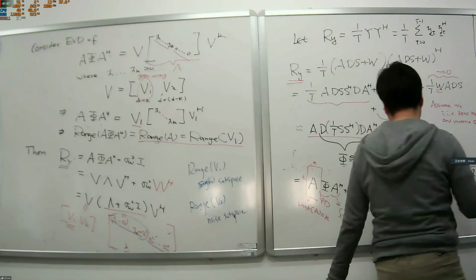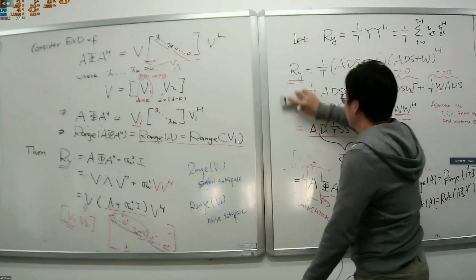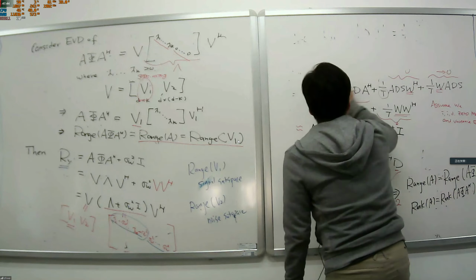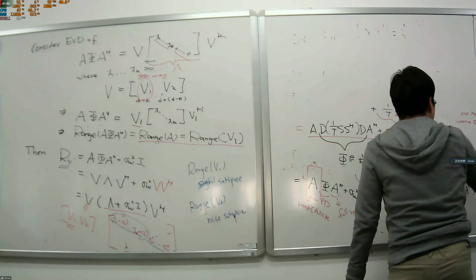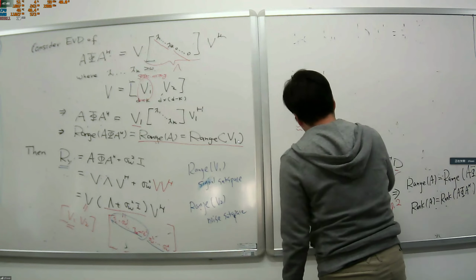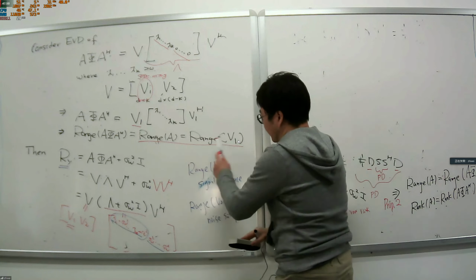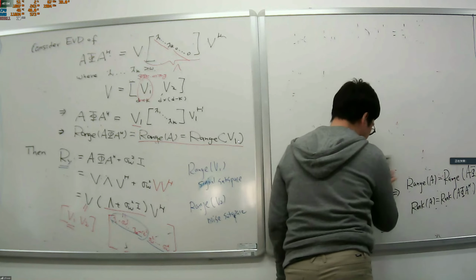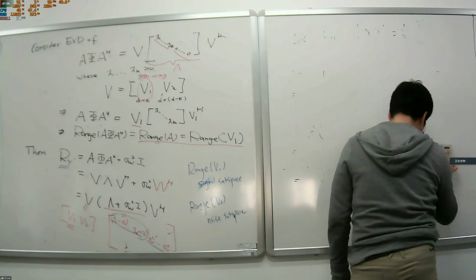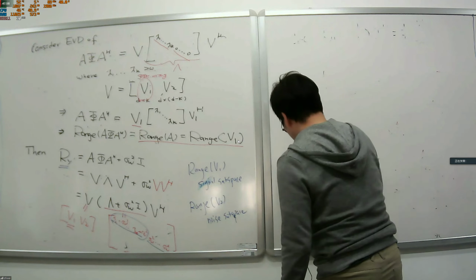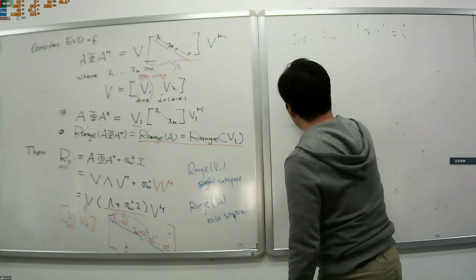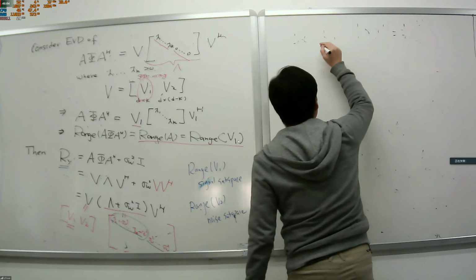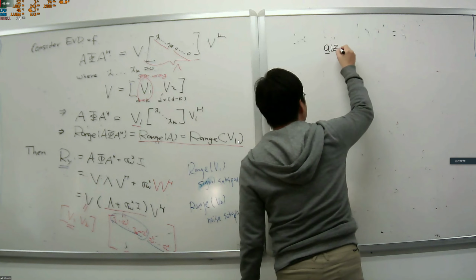Okay, so now we see we can use the EVD of Ry, then we can get the basis, right? Because V1 is a basis for the range space. So we can use this.